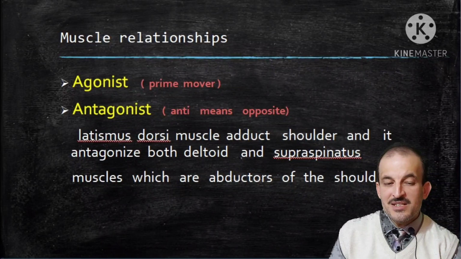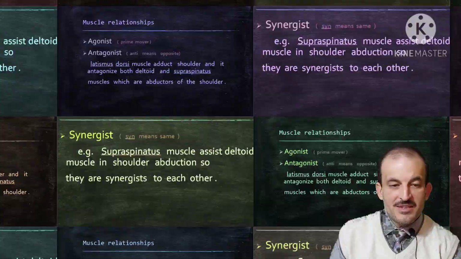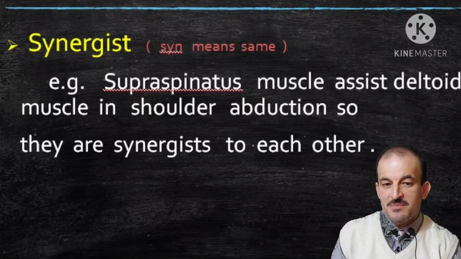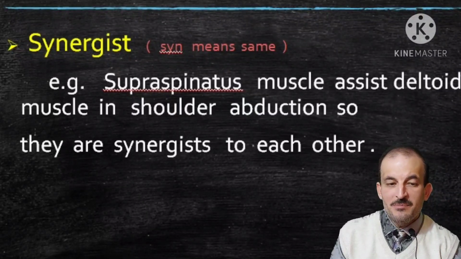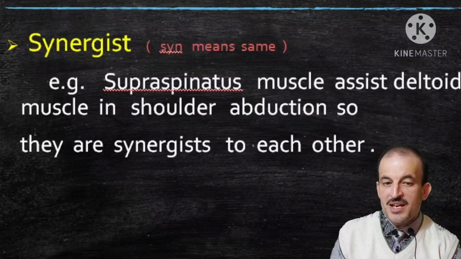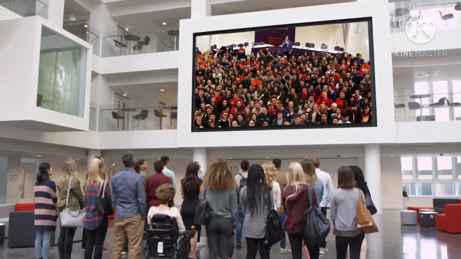The antagonist muscle for this action is the triceps, which is situated posterior to the arm, or posterior to the humerus bone. The third type is a synergist. Syn means the same. Example: the supraspinatus muscle, which assists the deltoid muscle in shoulder abduction. So they are synergistic, or synergists, to each other.